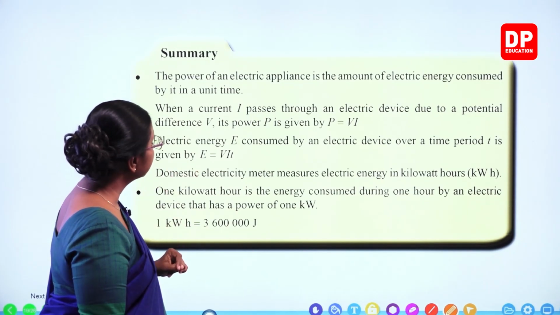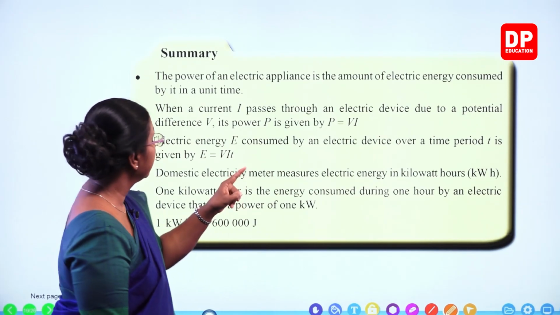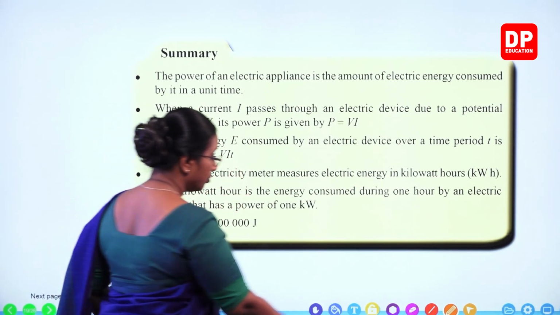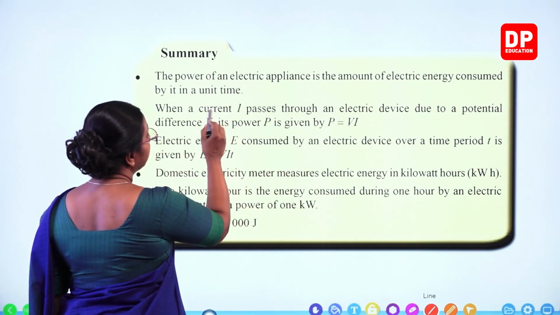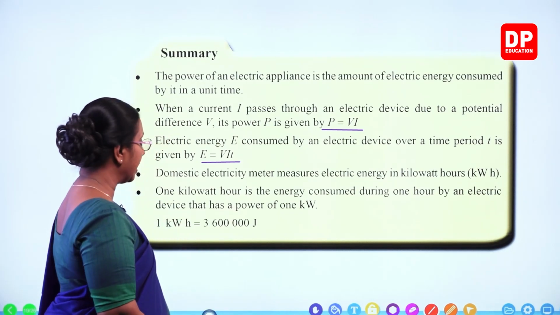And electric energy E consumed by an electric device over a time period T is given by E equals VIT. So those are the equations you all need to remember. P equals VI, E equals VIT.